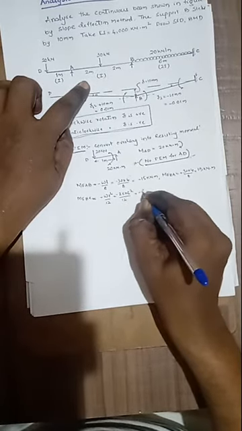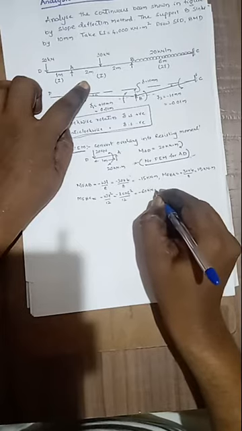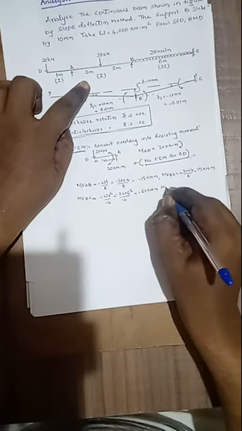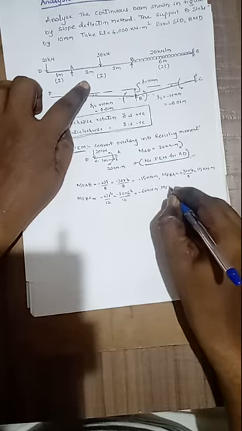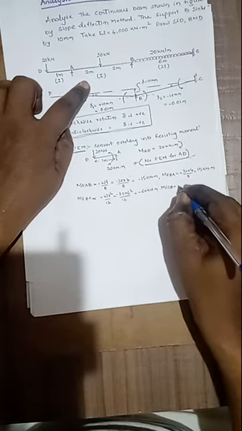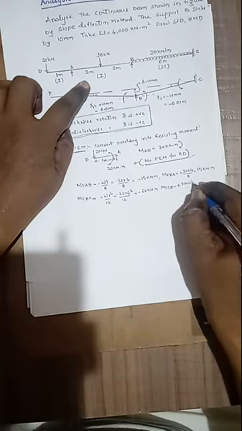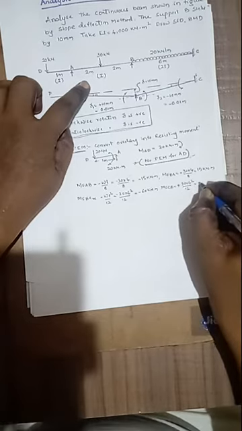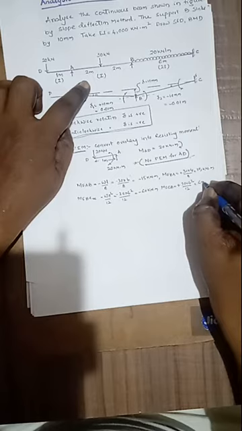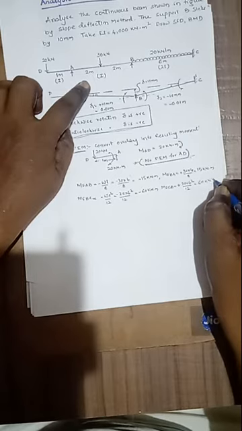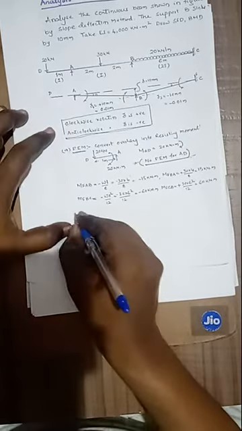That is minus 60 kilonewton meter. Similarly, for the other end, MFCB is positive, clockwise, 20 into 6 square by 12, that is 60 kilonewton meter. Here one is clockwise, one is anti-clockwise.